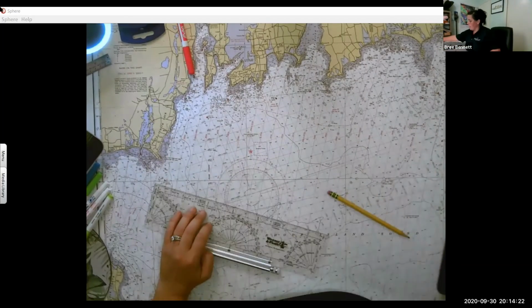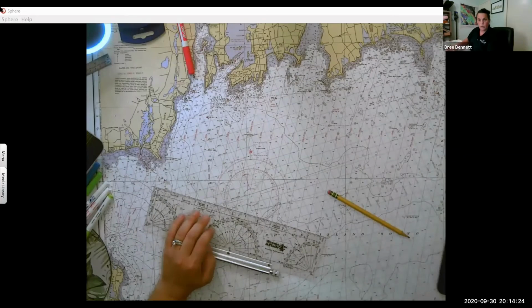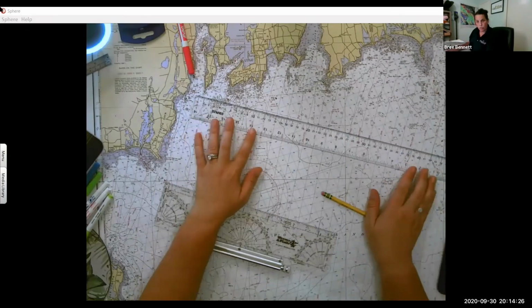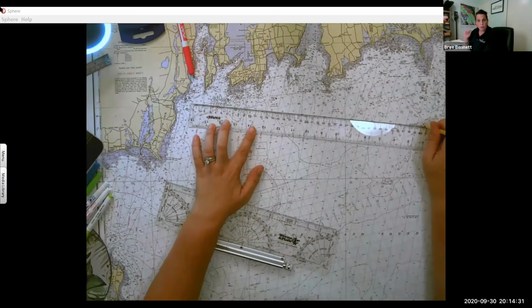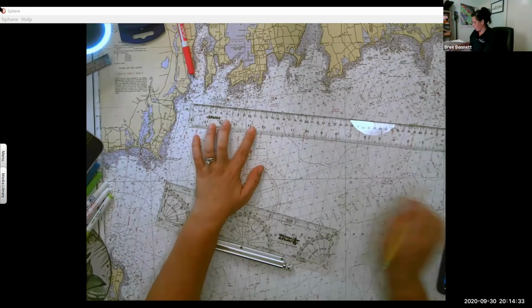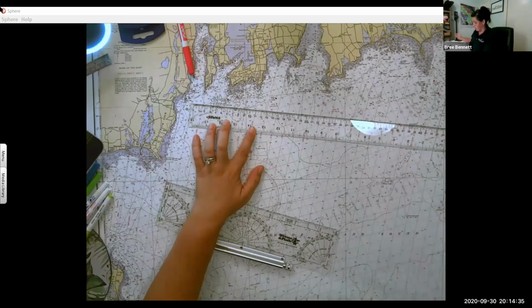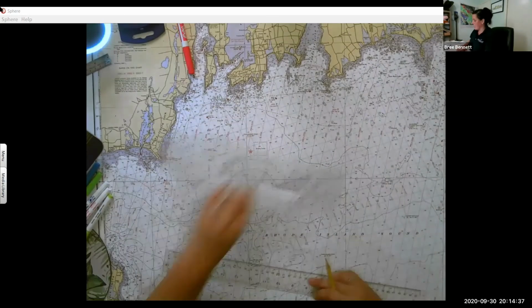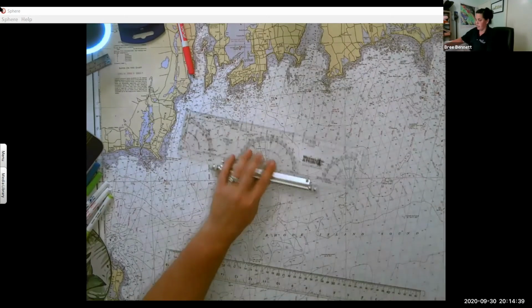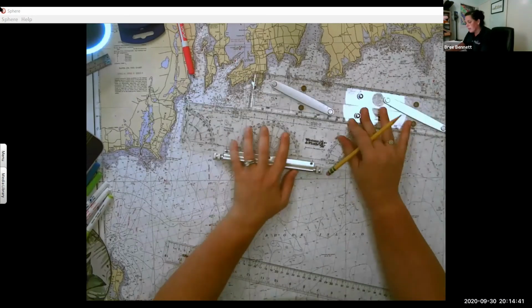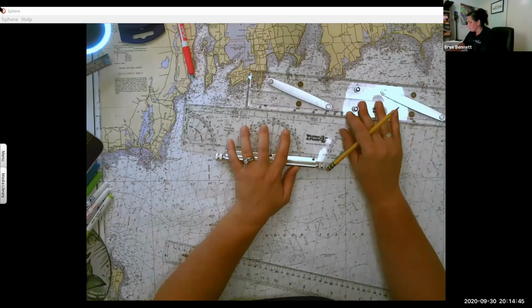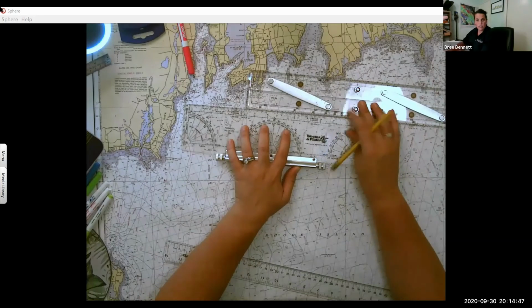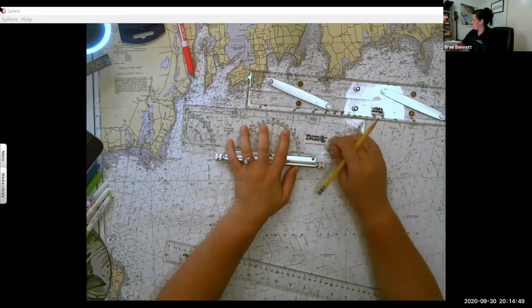So plotting a long line, we can either use a ruler. Our ruler here would go from Breton Reef to Buzzards, or we could extend either your roll plotter or something along the way. There it is. Your roll plotter, your parallel rulers, just extending it.